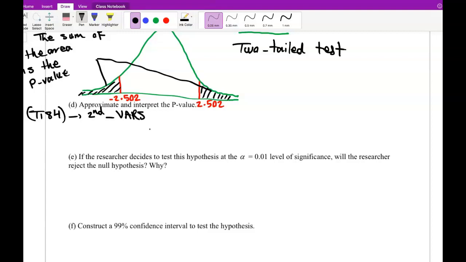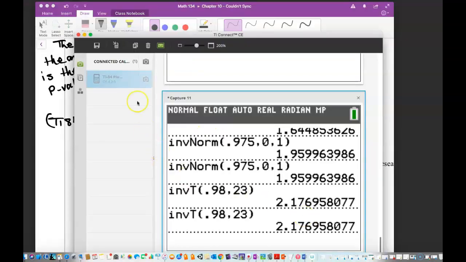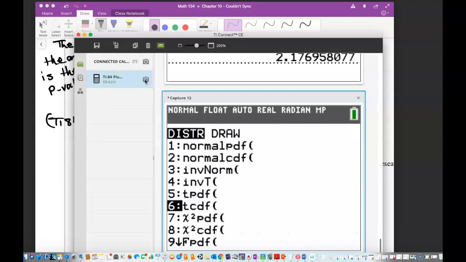Then scroll down, choosing number 6 for the t-distribution, which is tcdf. So after pressing vars, scroll down, choosing tcdf.